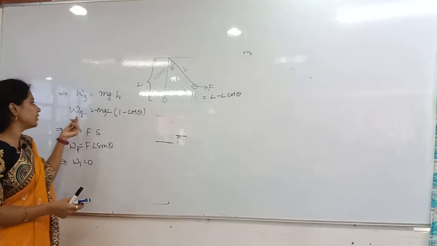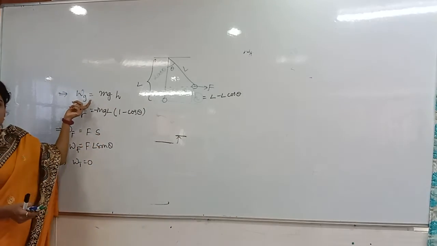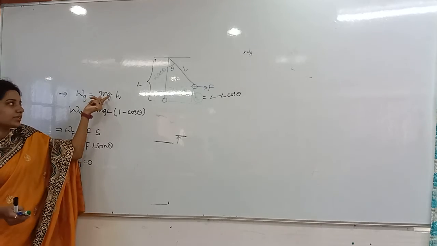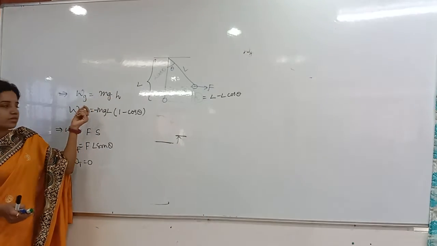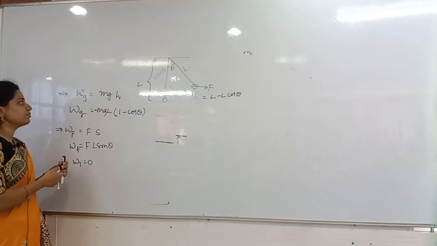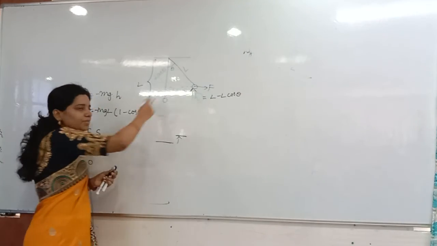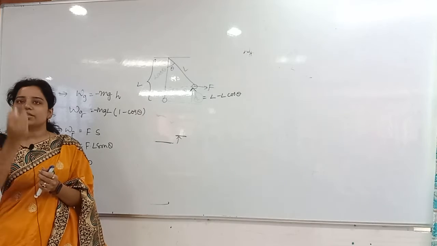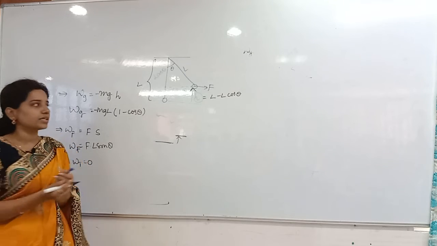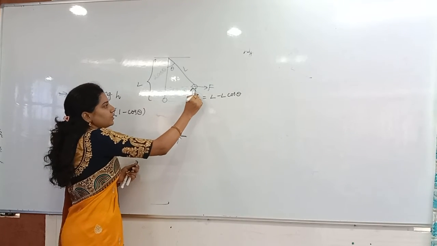From that you have to calculate the work done by the gravity. Work done by the gravitational force times displacement, so mgh you have to take, that is minus mgh of course. Why? Because the displacement is in the upward direction. The bob is getting lifted upward, but mg is acting in the downward direction.